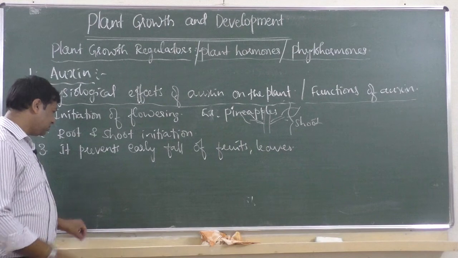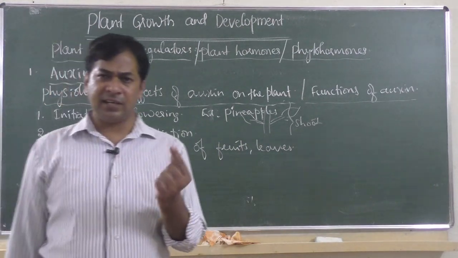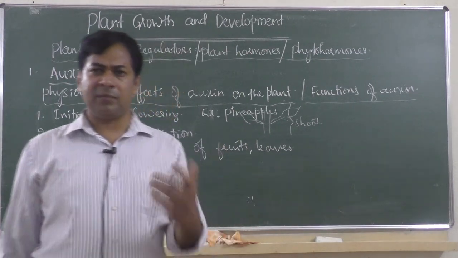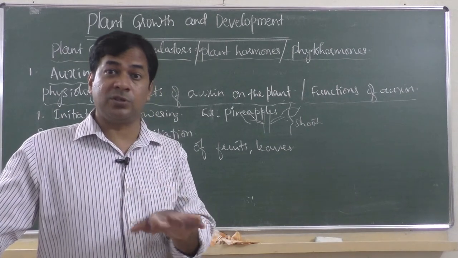Early fall means when it is a young leaf only, if the leaf falls down, it is not growth, it is inhibition of growth, no?